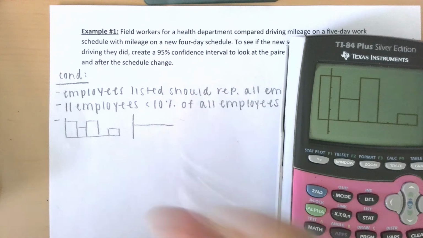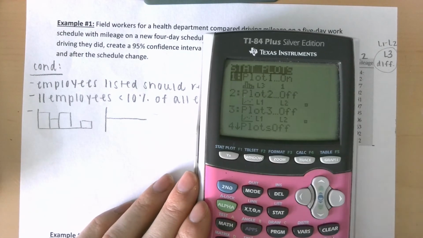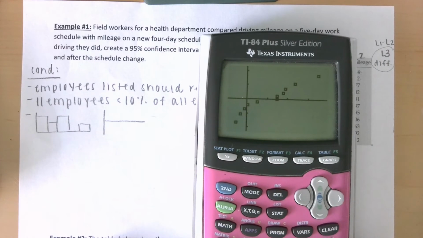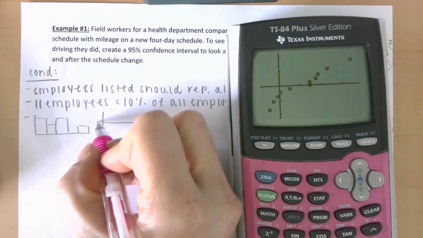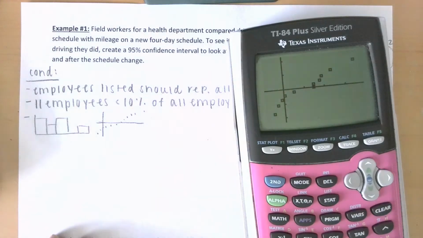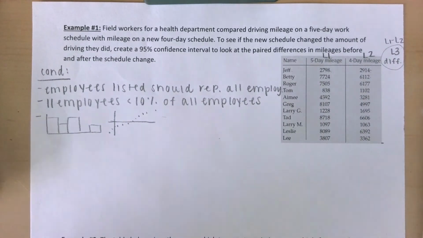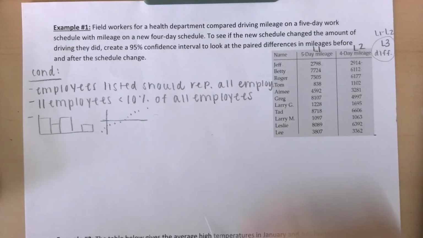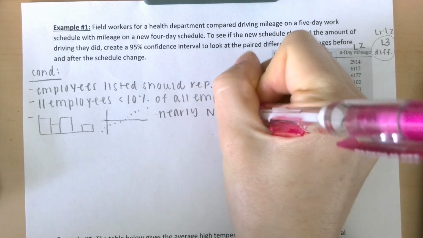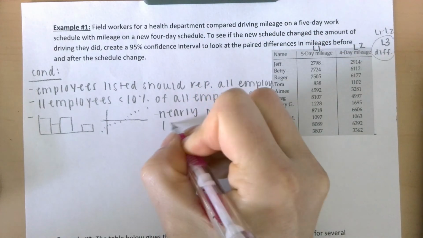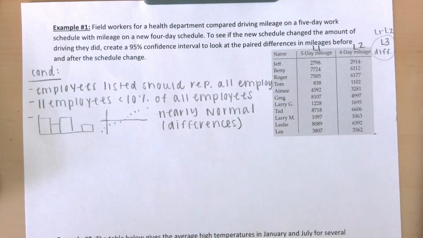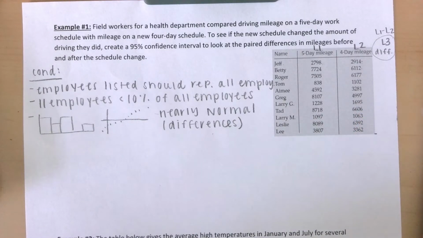And I'm also going to make a normal probability plot. Okay, it's definitely not looking perfect, but it's close enough. All you need is close enough, so I'm just going to say that these differences are nearly normal. And I'm going to include here that this was just looking at the differences, not looking at each one individually, just looking at the differences.